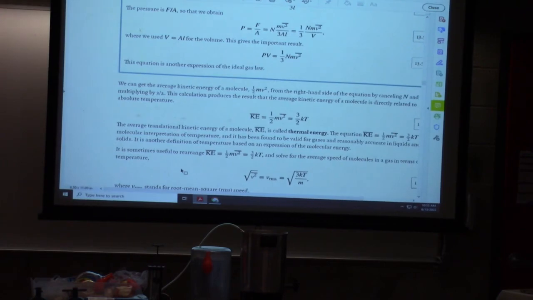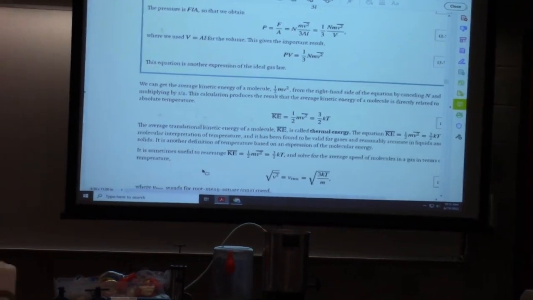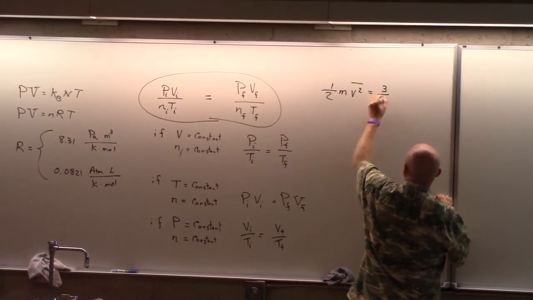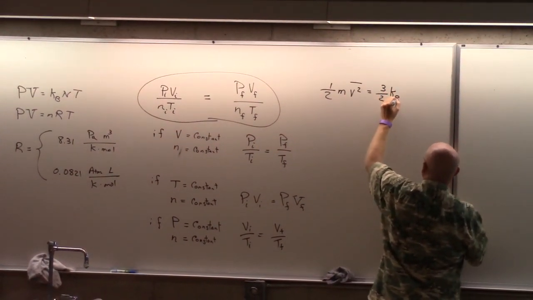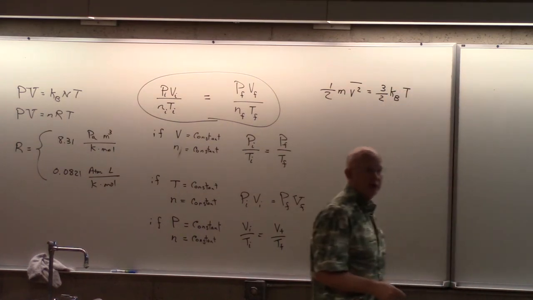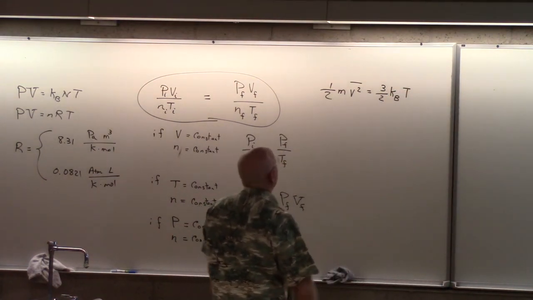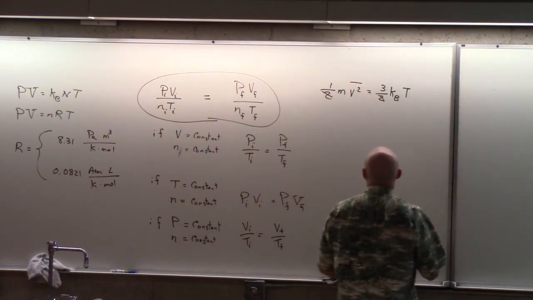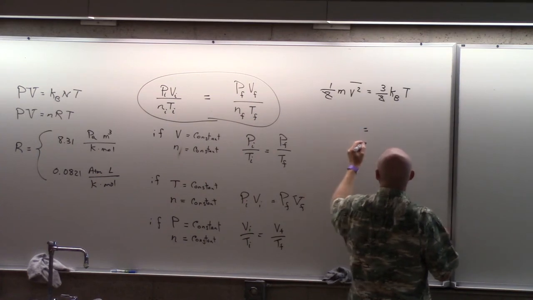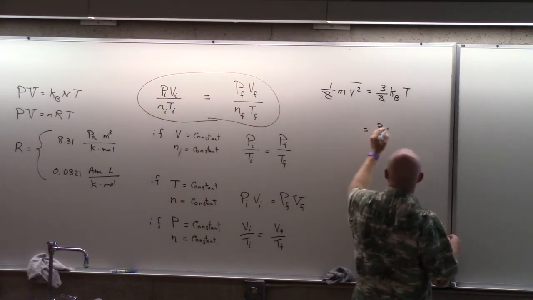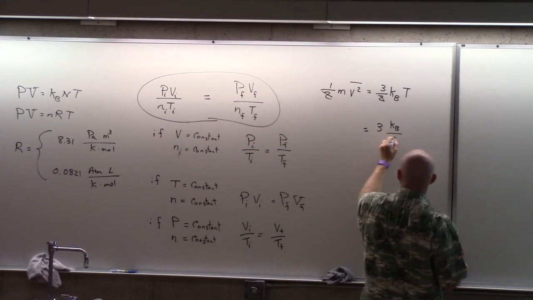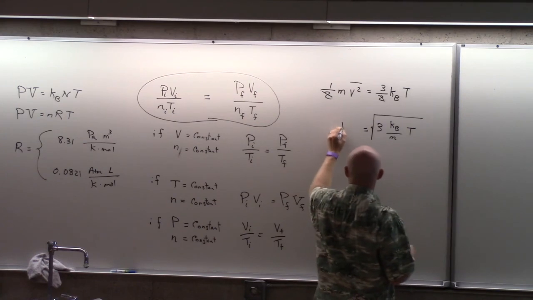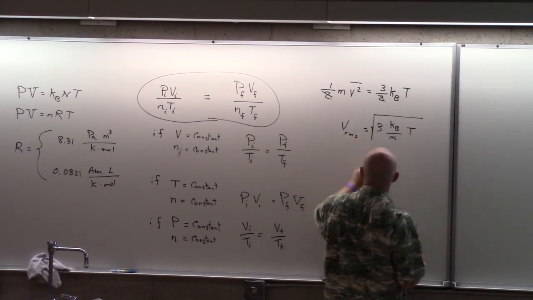And so he says this: 1/2 times m times the average speed squared is equal to 2/3 times Boltzmann's constant times the temperature. I'll take one step of mathematics here and say that if you move the m to the other side and then take its square root, you're going to get the speed.